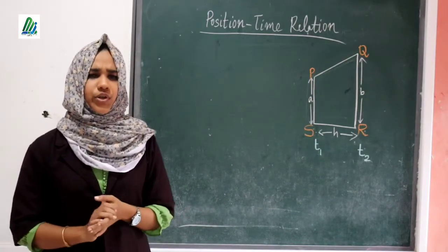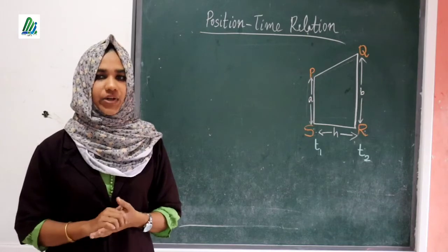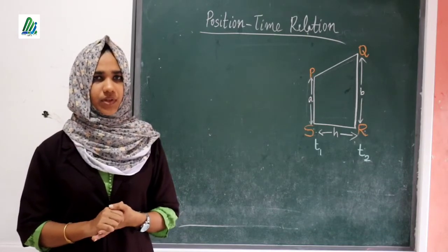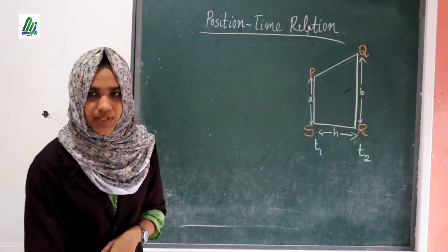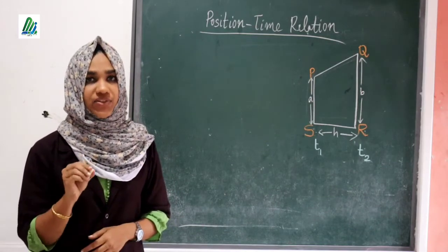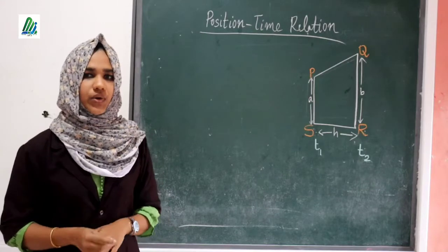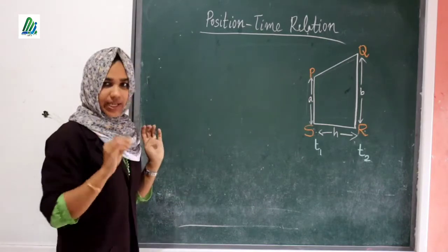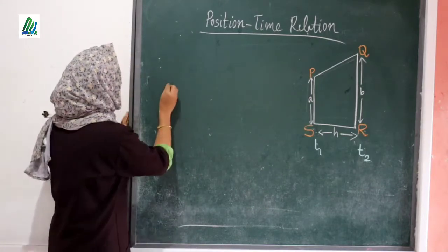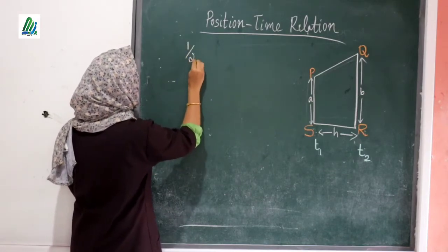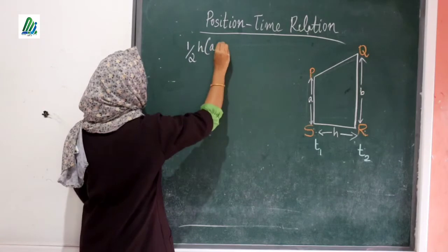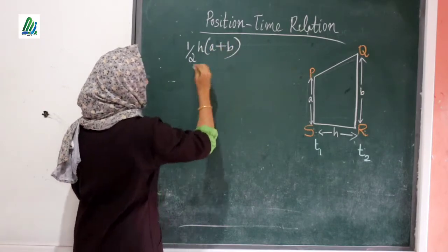Do you know the equation to find the area of a trapezium? That is half into H into (A plus B).